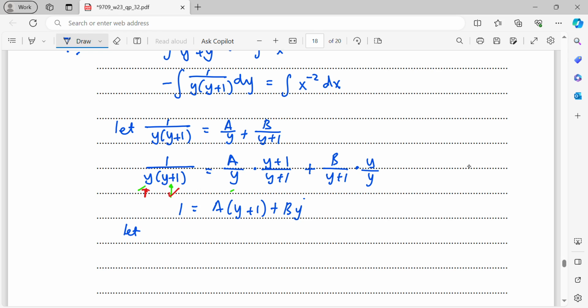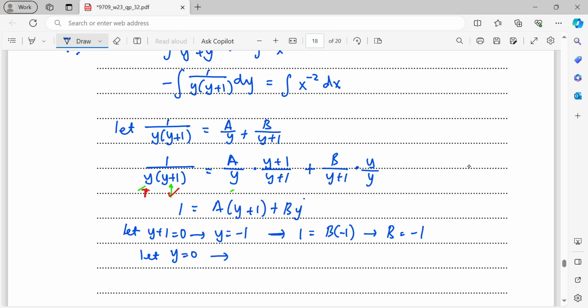And then to get a and b, just let the factor be 0. So let y plus 1 equals 0. Hence my y is minus 1. Therefore, 1 equals b times minus 1. So obviously b is negative 1 because I already let y plus 1 be 0. Now, the next is let y be 0.